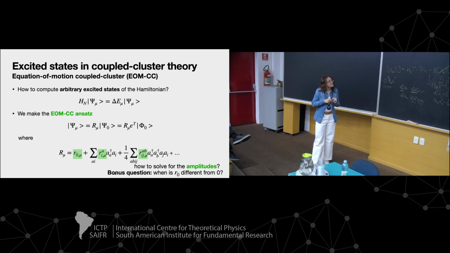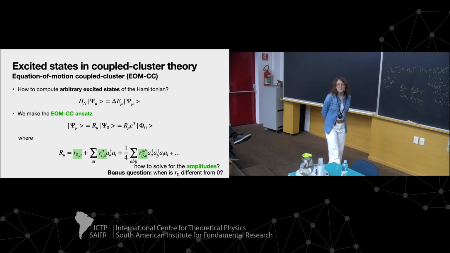We see that there is this constant here coming out at 0th order. So when is actually this constant different from 0? Think about the fact that if we have a spherical nucleus, it will have a ground state which is 0 plus.